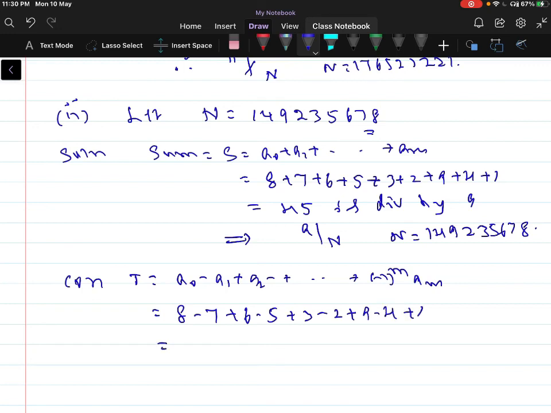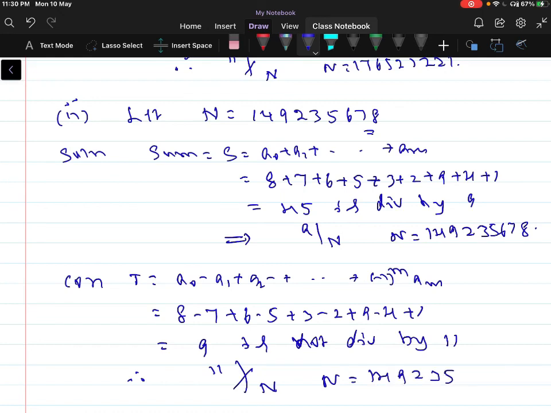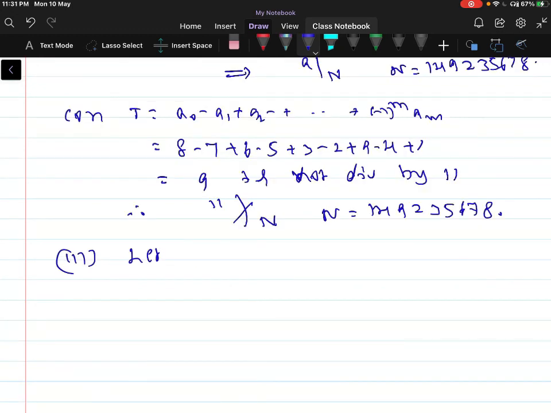So that is equal to 9, which is not divisible by 11. Therefore 11 does not divide the number n, where n is equal to 149235678.